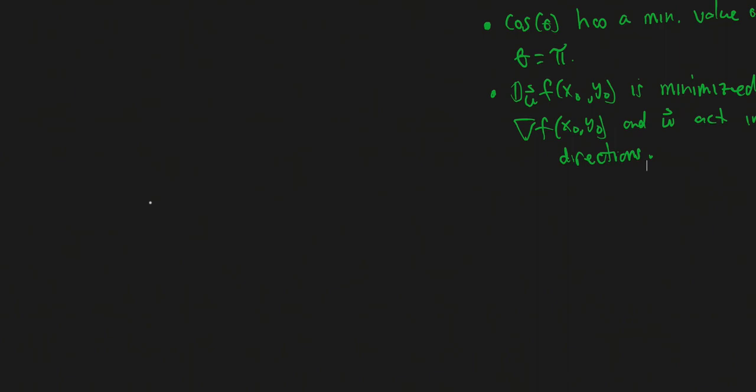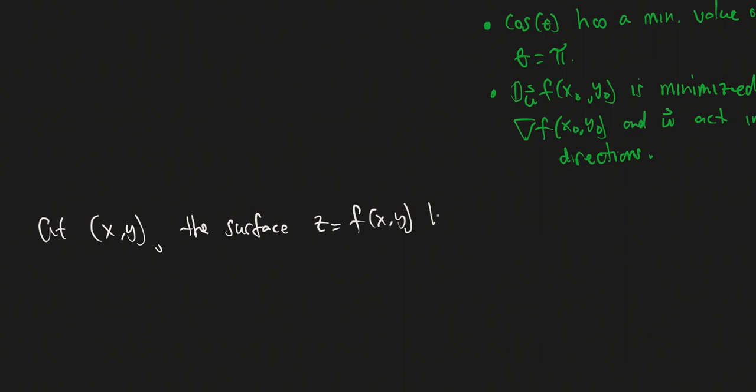So the first thing that we can say is, in general now, at any point x, y, the surface z equals f of x, y has its maximum slope, or you can say maximum rate of change. So maximum here is referring to the largest positive slope, for obvious reasons, and you'll see why I'm emphasizing this.